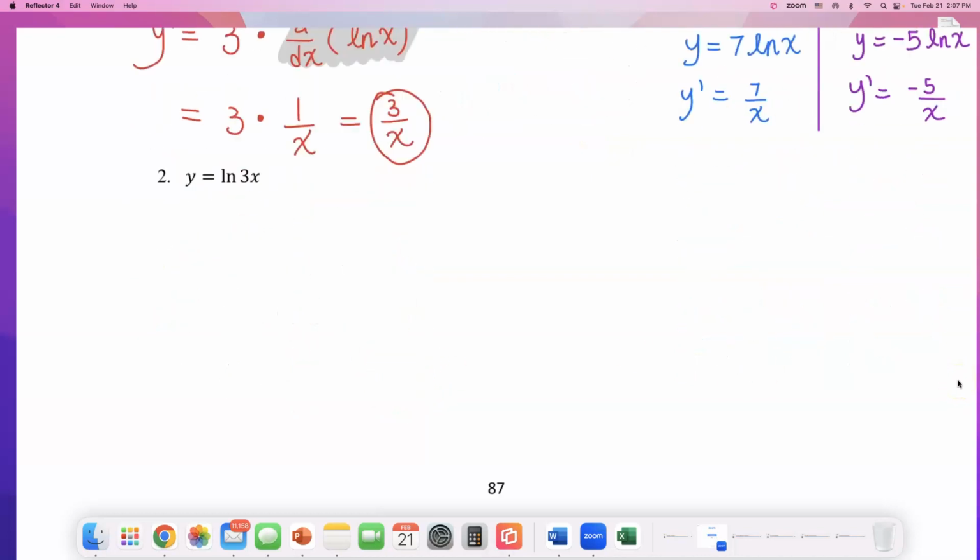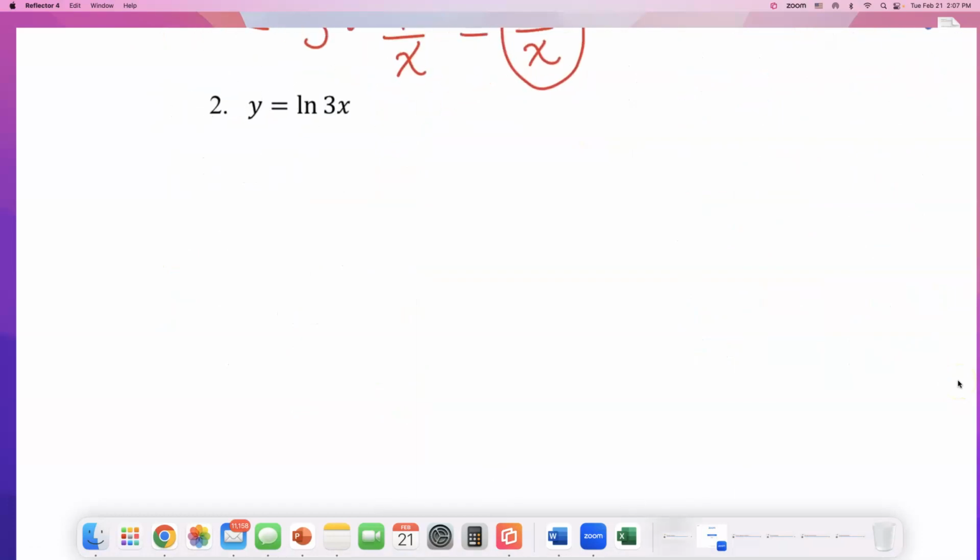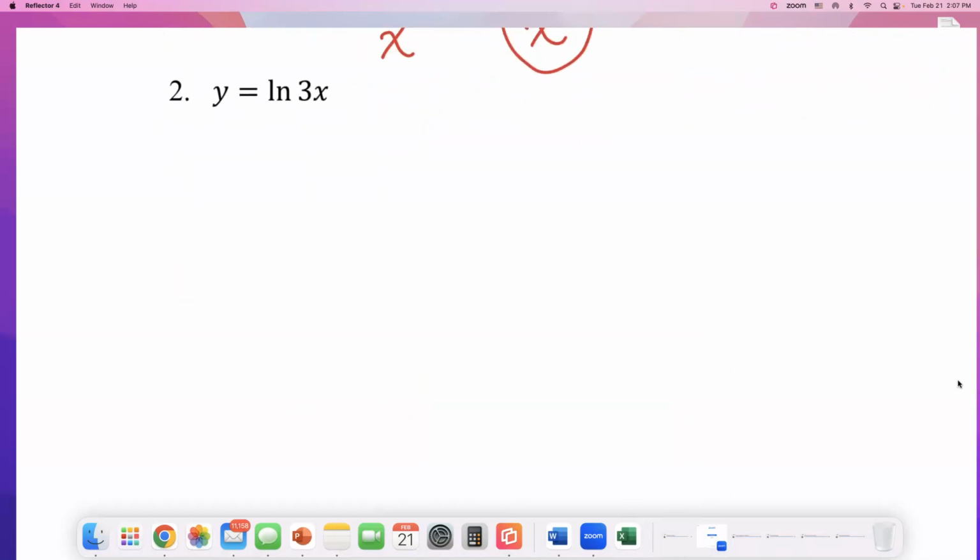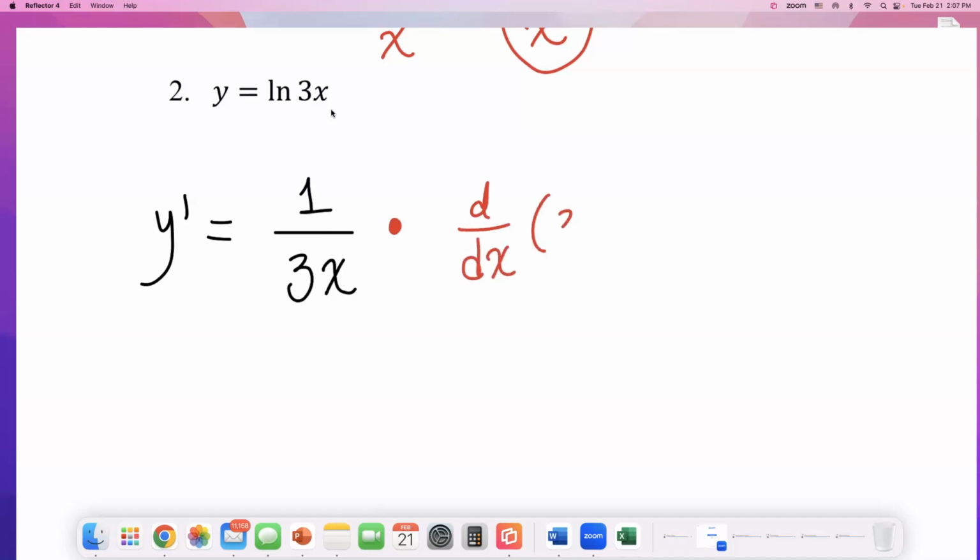Now, this one looks a little bit different, so let's do this one, okay? So here, when you take the derivative of natural log of 3x, we have to do 1 over 3x. But here we have to multiply this by the derivative of the inside function, which is 3x. It's a little interesting, right?